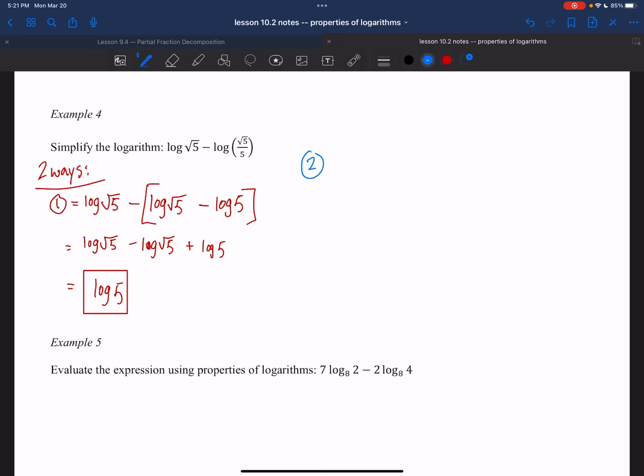I'm going to show you method 2, though. Method 2 is more complicated, but I kind of like it. It's kind of cool. We could use our power rules here and rules of exponents to help out a little bit.